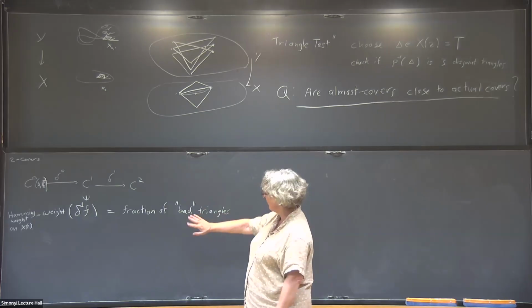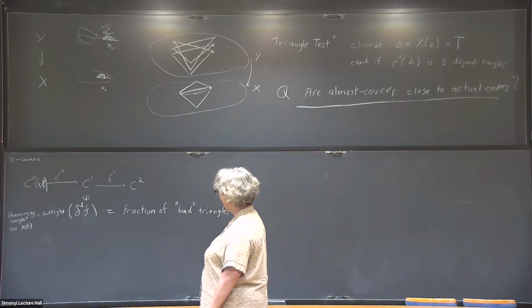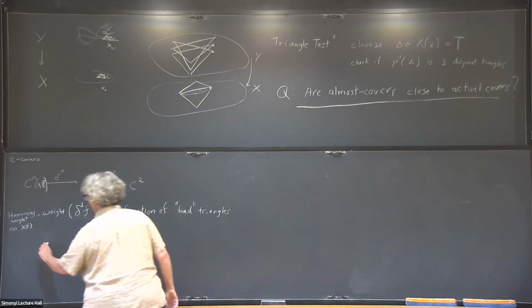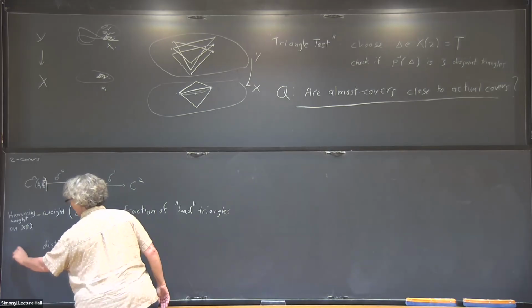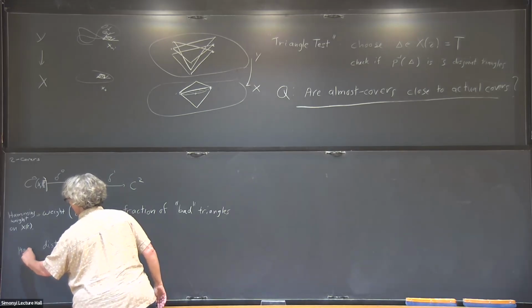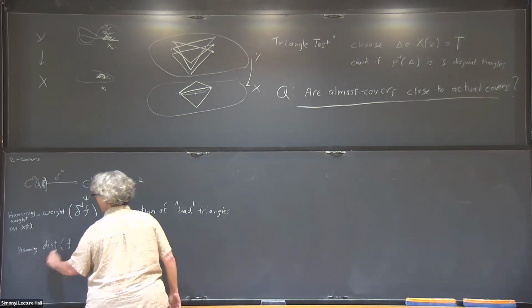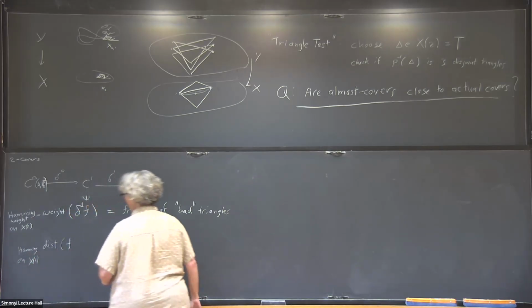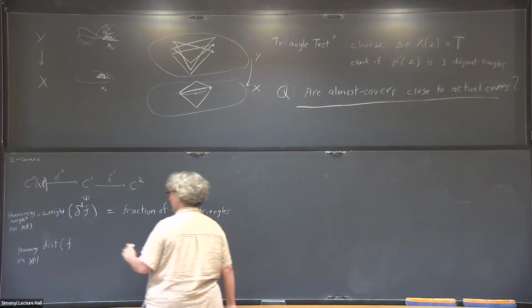Okay, so let's stick to two covers. Here it's easy to define. On one hand, we have the weight of delta 1, and on the other hand, we have the distance. Again, this is Hamming distance, but now I'm going to talk about the distance of F, so it's going to be Hamming distance on x1. I'm going to weight all the edges the same and all the triangles uniformly.